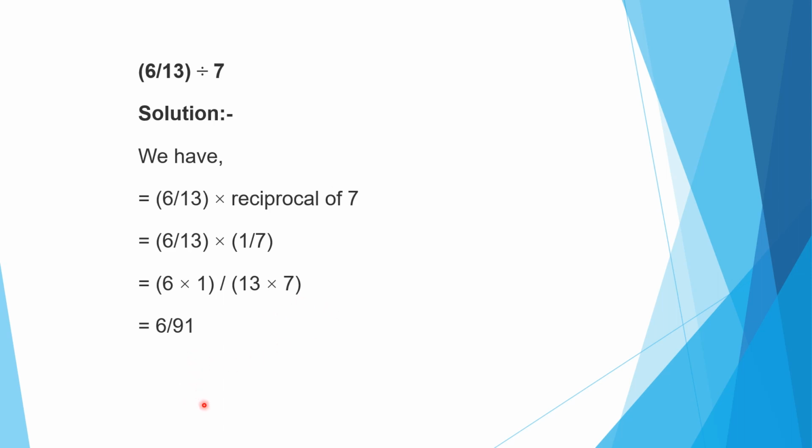That is 6 by 91 is the answer. Clear? Just we have to change the divisor into reciprocal form and change the division symbol into a multiplication symbol. Then normal multiplication we have to do.